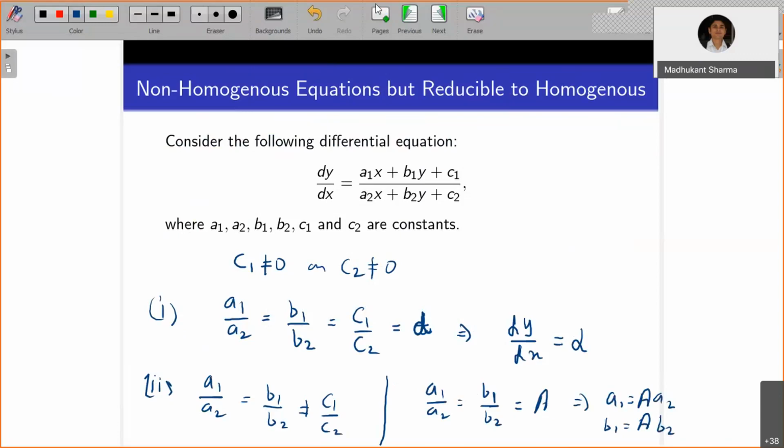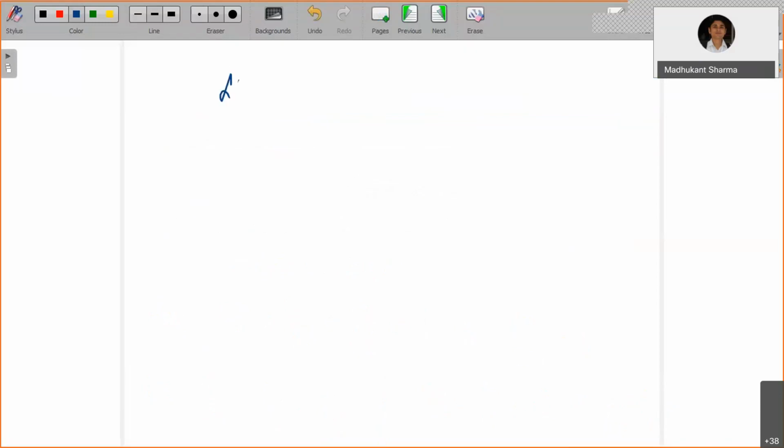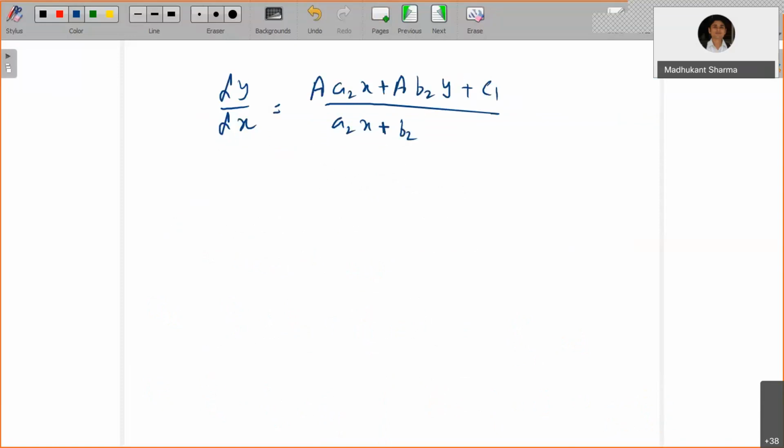When you use this here, you have dy by dx equals a times a2x plus a times b2y plus c1, divided by a2x plus b2y plus c2.